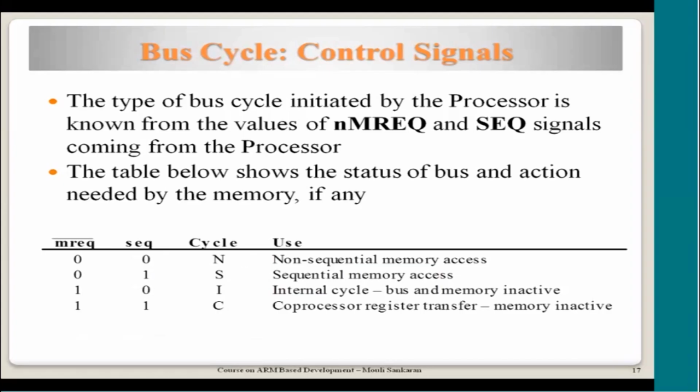If it is doing N or S, it wants the memory to be active. So, as I said, MREQ bar is 0 is active. This means that memory needs to be active to decode the address and drive the data buses. But if it is 1, memory just shuts off and the processor is free to communicate either with the coprocessor or to do whatever internal operation it is doing.